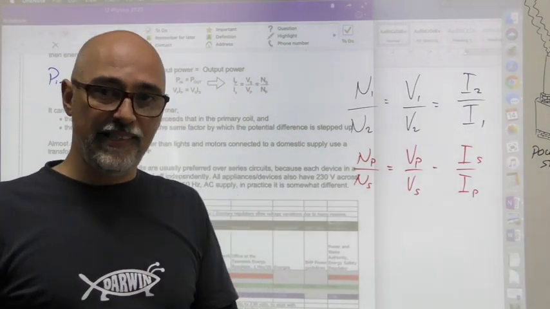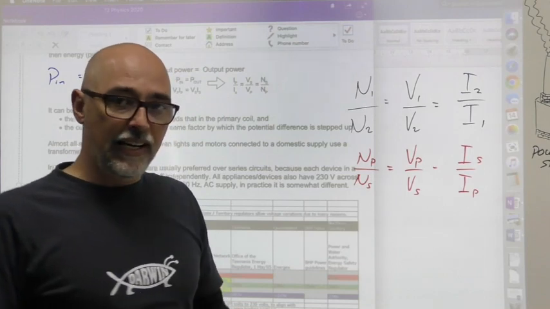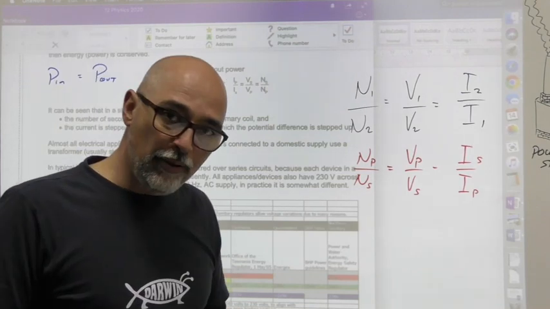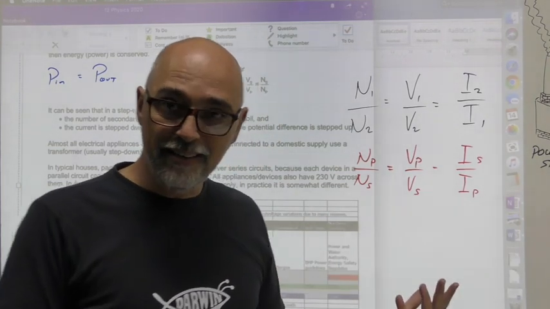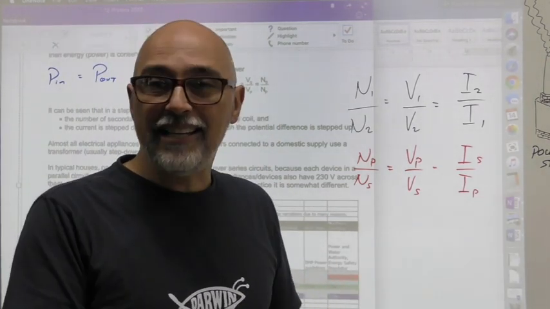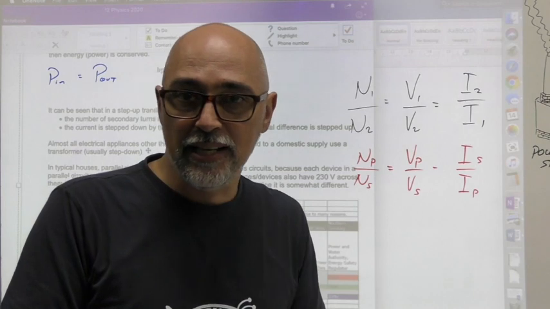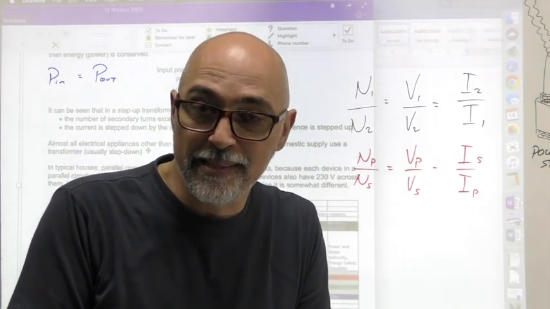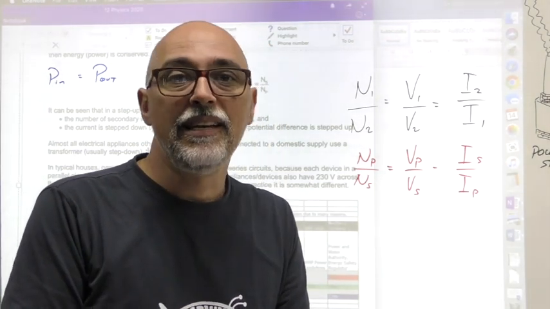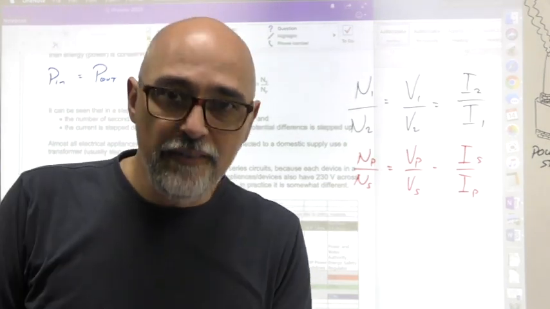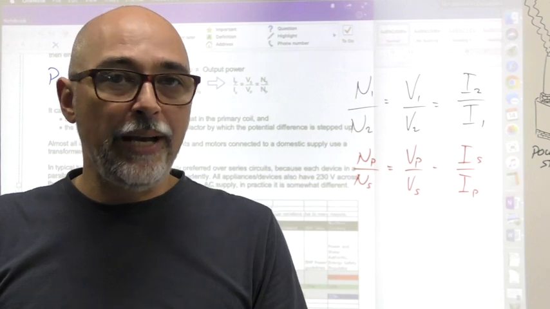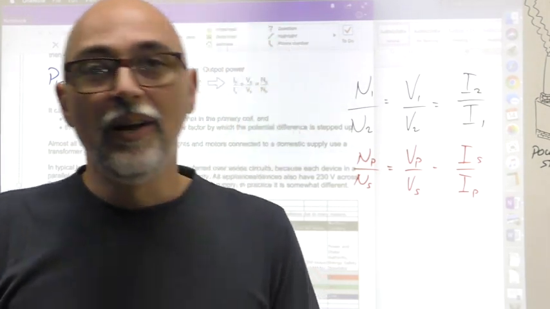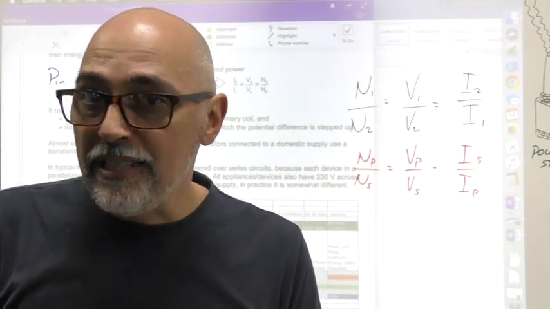It is not to say that there are no power losses and that the power supplied by transformer 1 is exactly the power received by transformer 2. That is not what I'm saying. What I'm saying is that the power received by transformer 1 will be the same as the power put out by transformer 1. What happens in the transmission lines is a different thing.